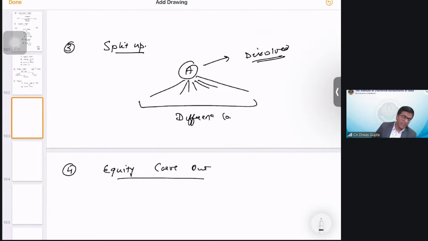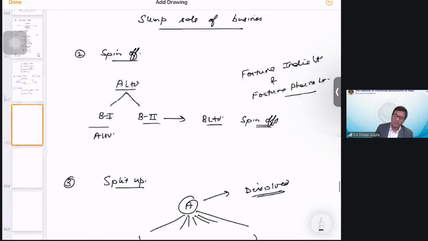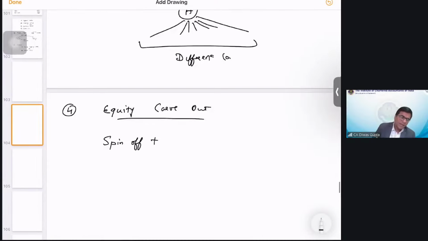So in this case, what is happening? Equity carve out means that first there is a spin off that happens. Right? Spin off has happened. That means we have transferred the business to the new entity. Plus, apart from that, we also issue new equity shares in the market.